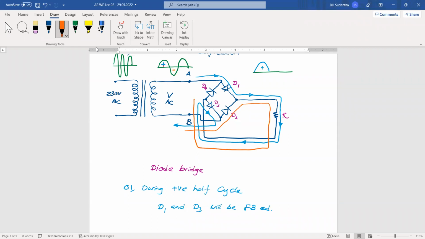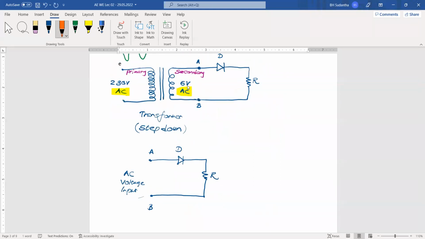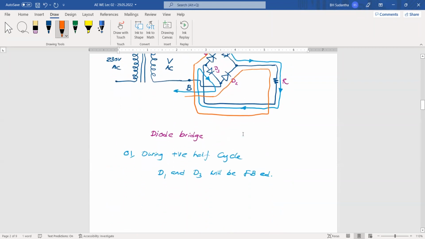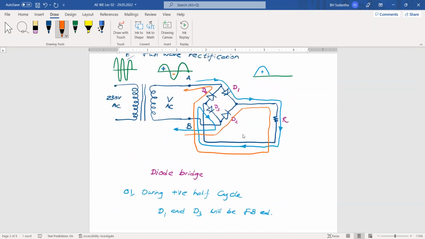After coming to this junction, to go to point A, it can select D4. Through D4, it can go to point A. This is the way it goes through D2, through R, and through D4 to point A.